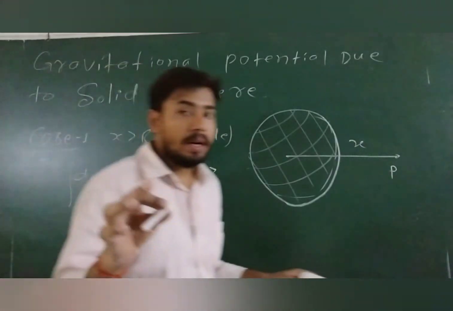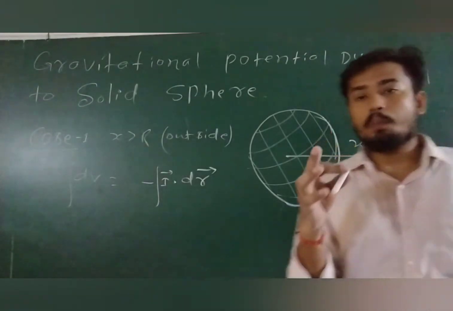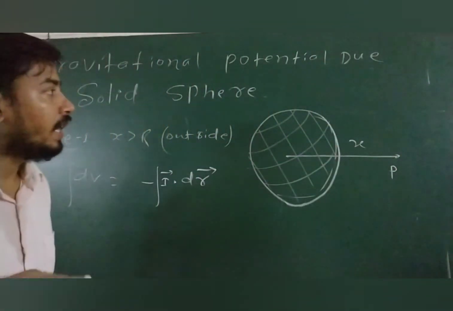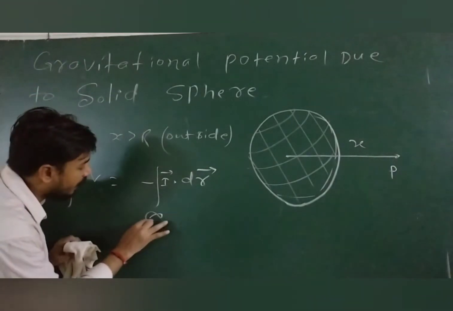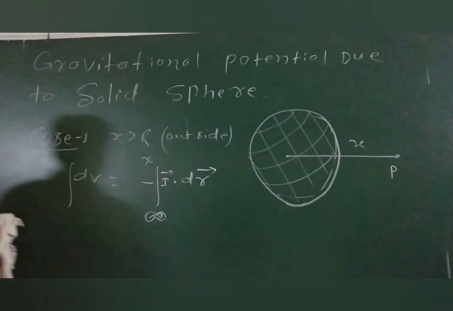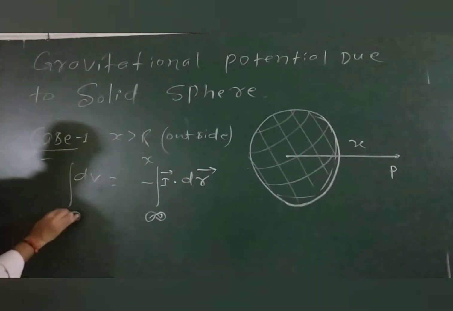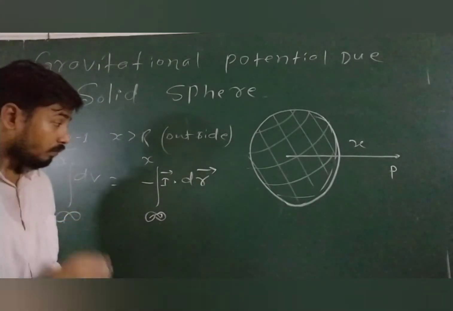To calculate the gravitational potential at any point, we should move from infinity. It means the initial position should be infinity and the final position should be x. Here also the initial position should be infinity and the final position should be x.